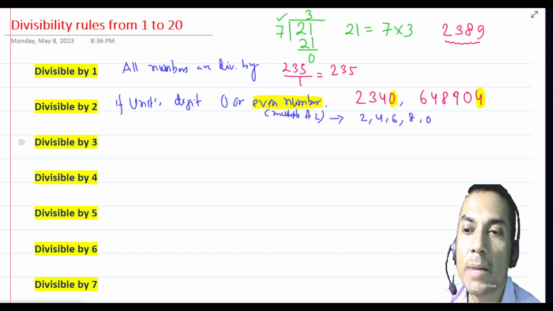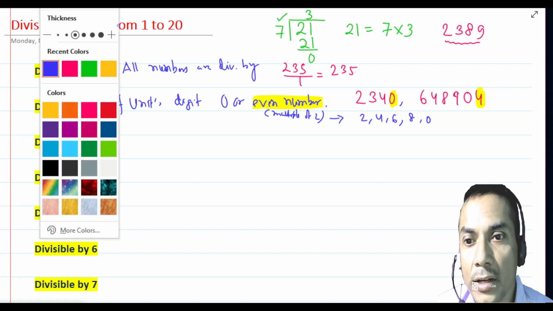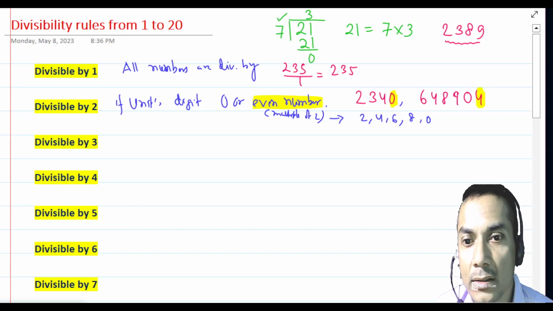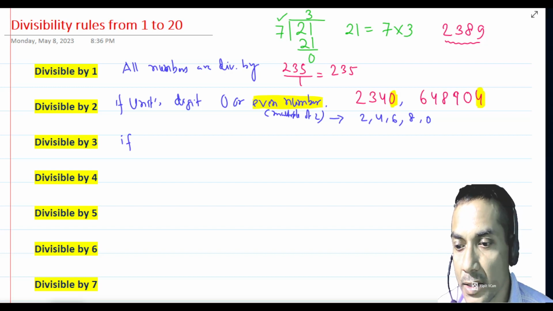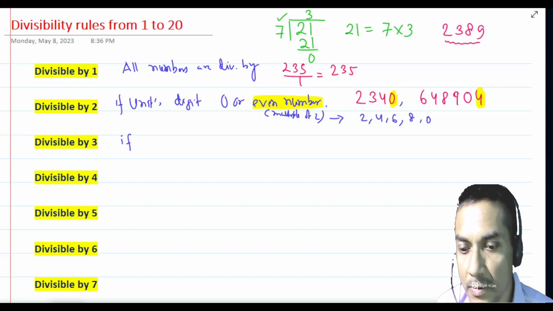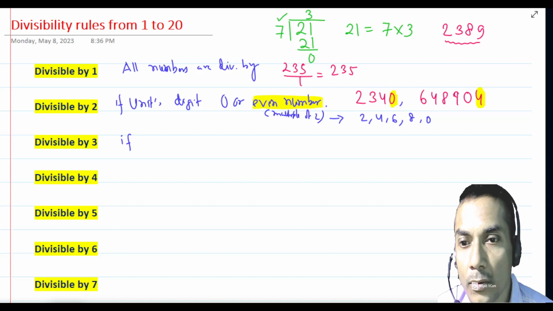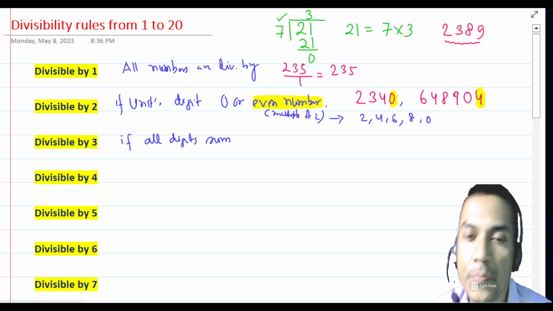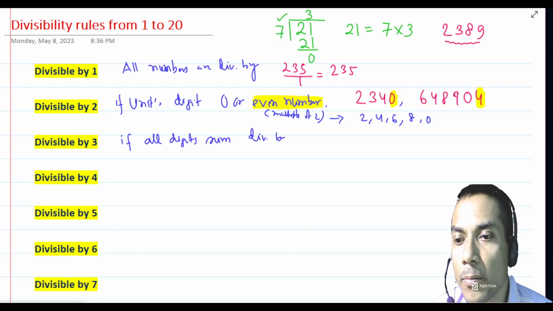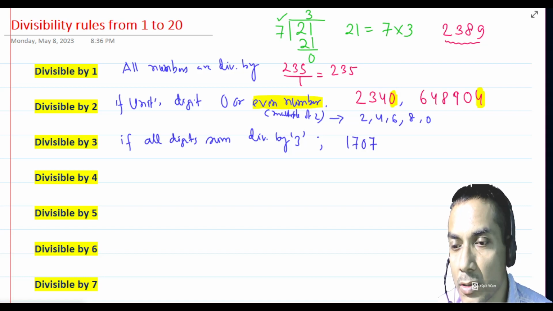Next is divisibility by 3. How can you check whether any number is divisible by 3? Yes, if the sum of all the digits is divisible by 3. Let me give you an example. 1707.